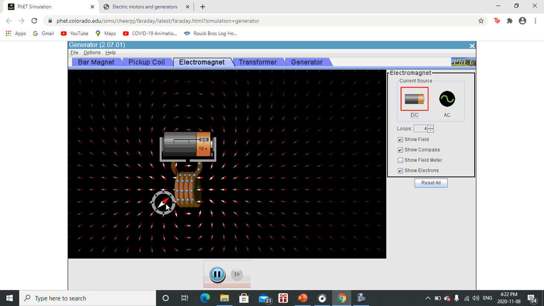If I move it to the outside of the solenoid, notice that now it flips around. So inside the solenoid, the magnetic field is going in one direction. On the outside, the magnetic field is going in the opposite direction. If I bring it around over here again, so we can see the magnetic field, this is what it would be on the inside.